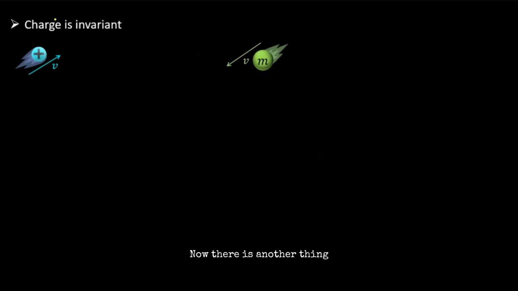Now there is another thing. If charge is invariant, it means if there is a charge and it is moving with a constant velocity, then the mass will remain the same.